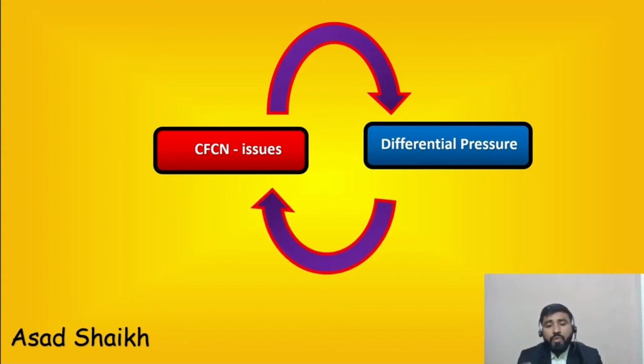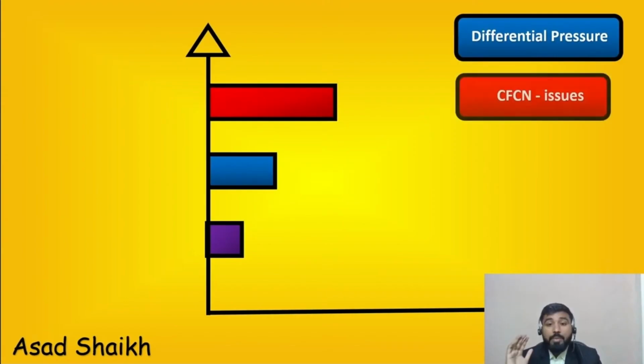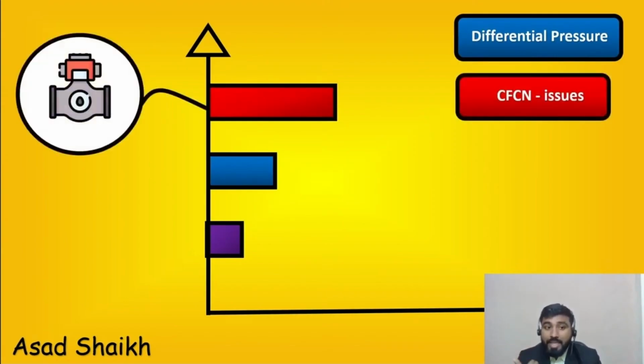For applications which have high differential pressure, or where you have already found CFCN happening through your calculation, which valves should you choose? The answer has to be, out of the 3, it is definitely going to be globe valves. Why is that the case?